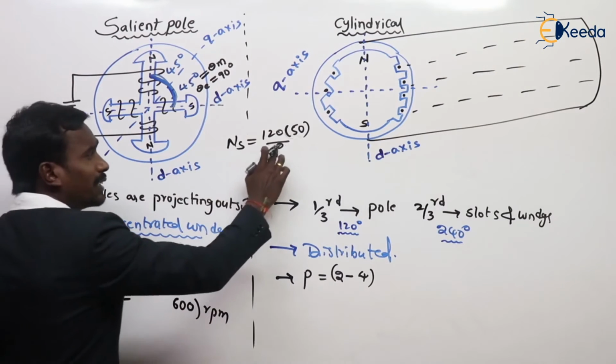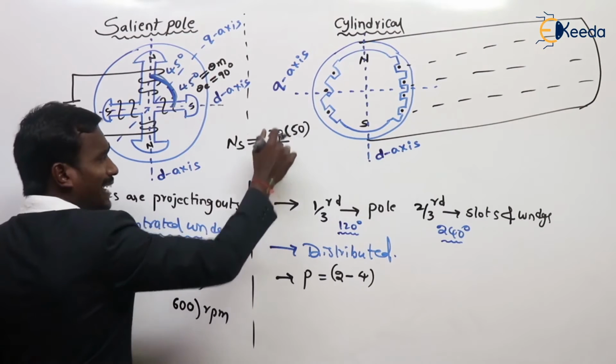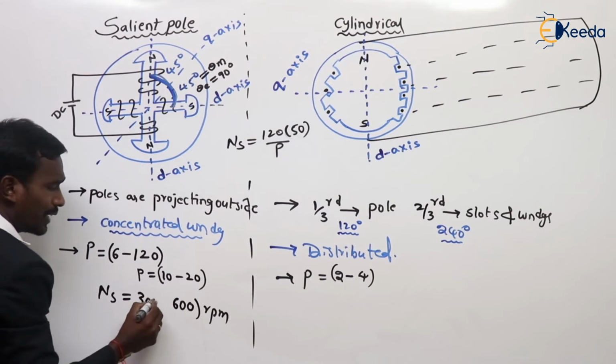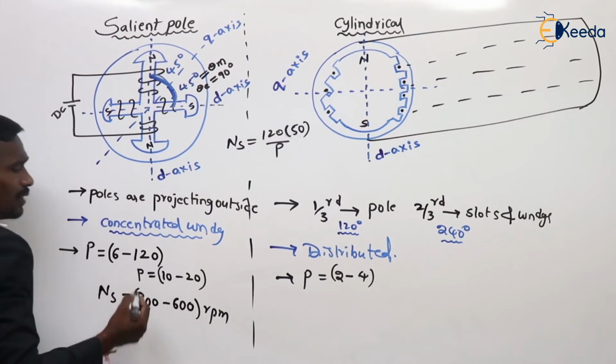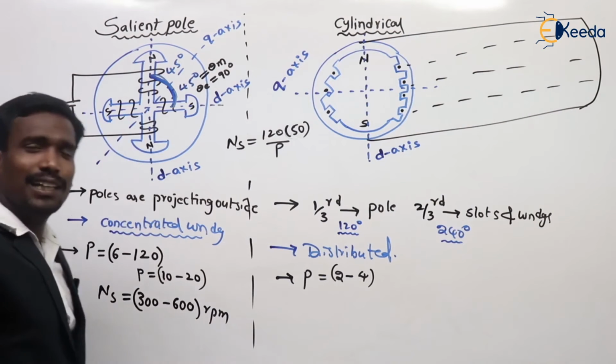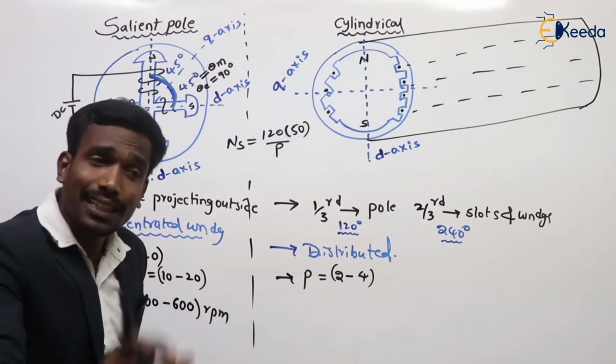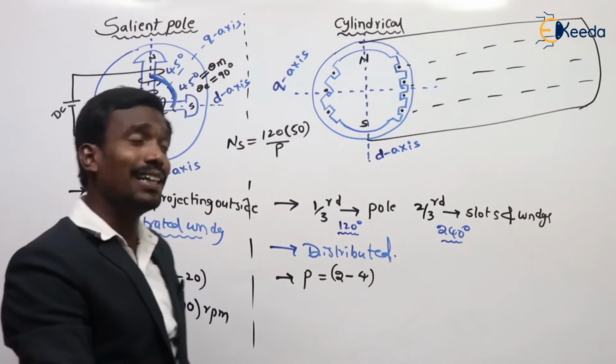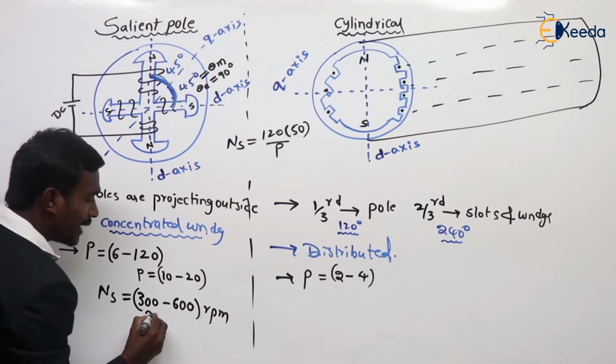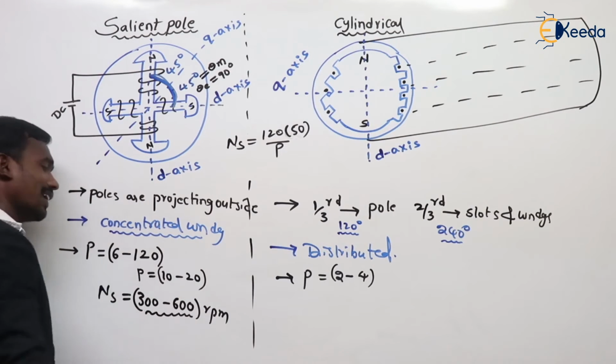If it is 20 poles, again the zeros cancel and you get 300 RPM. The speed range of a salient pole machine is 300 to 600 RPM.